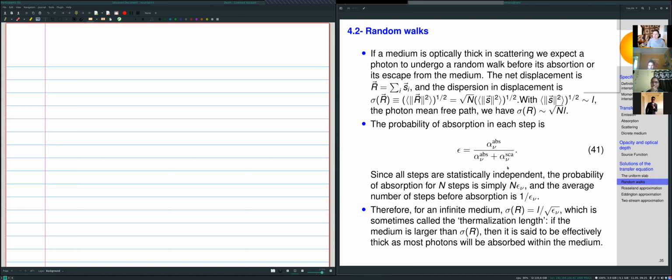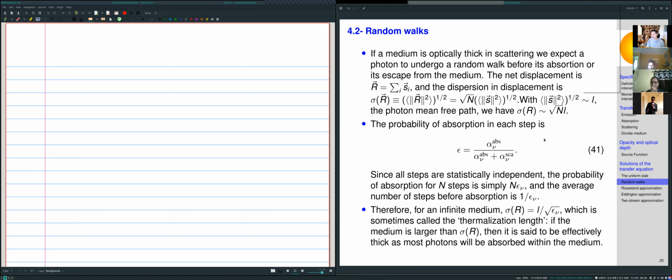And so we saw that in a random walk, the walk is going to be terminated when we have an absorption.